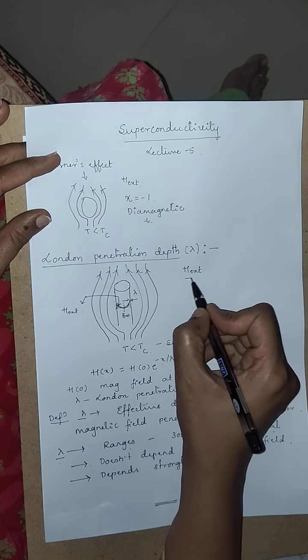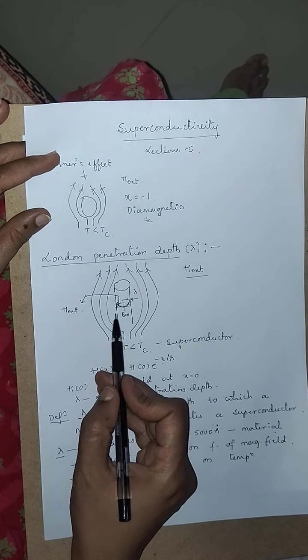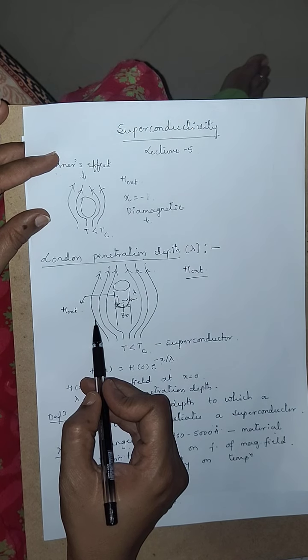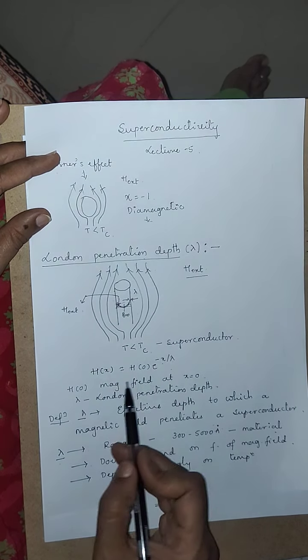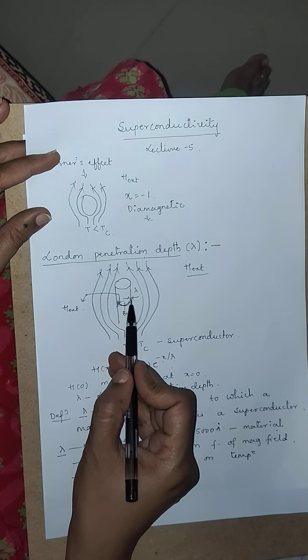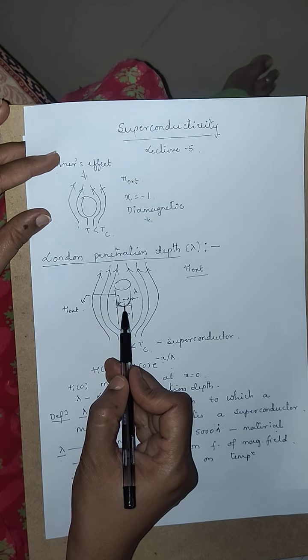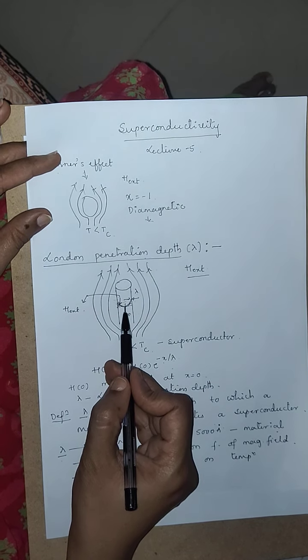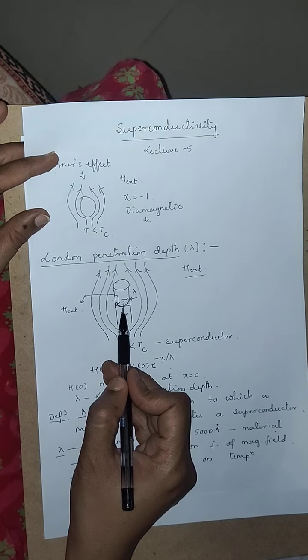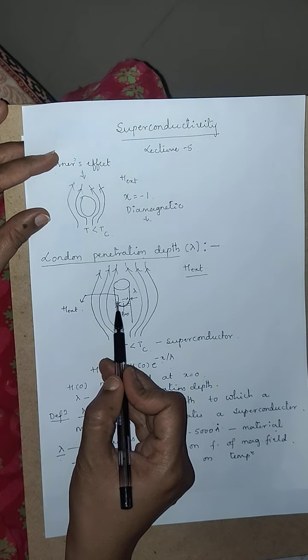If an external magnetic field is applied to this material, it will expel the magnetic flux, and this flux expulsion follows this formula. That means flux expulsion takes place exponentially. The flux reduces exponentially to 0 at the middle of the material. Hence, at the ends of the material, there is some amount of flux which will be entering the body.